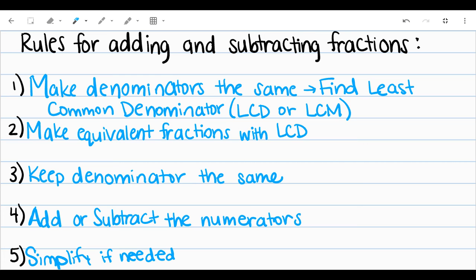So those are the 5 steps to adding and subtracting fractions. If we follow those steps, it'll make adding and subtracting fractions a breeze. So let's practice using these rules or steps to work out a few addition and subtraction of fractions.